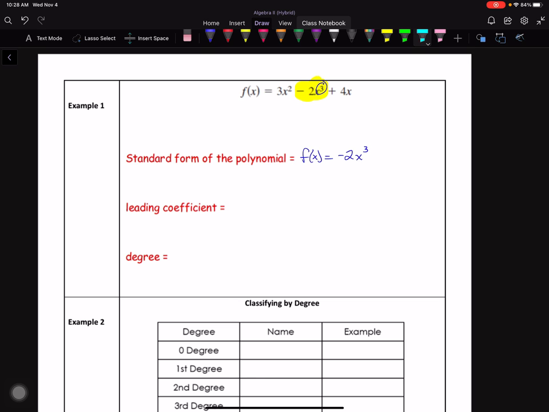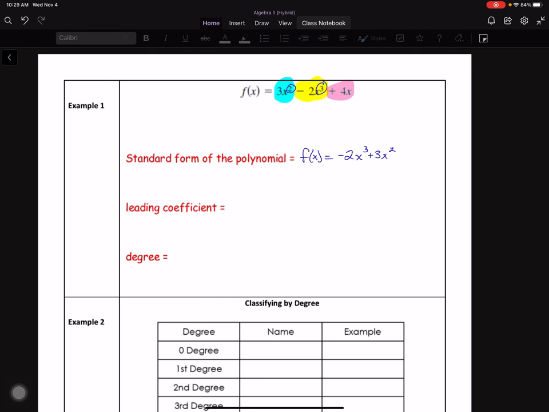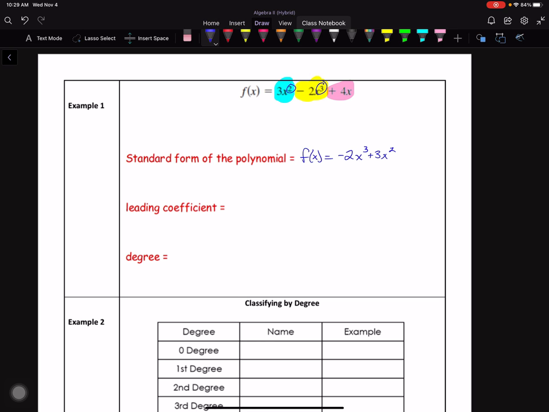Then you take your next highest exponent, you go in descending order, so plus 3x squared, because that is the second highest exponent. And then last but not least is plus 4x.